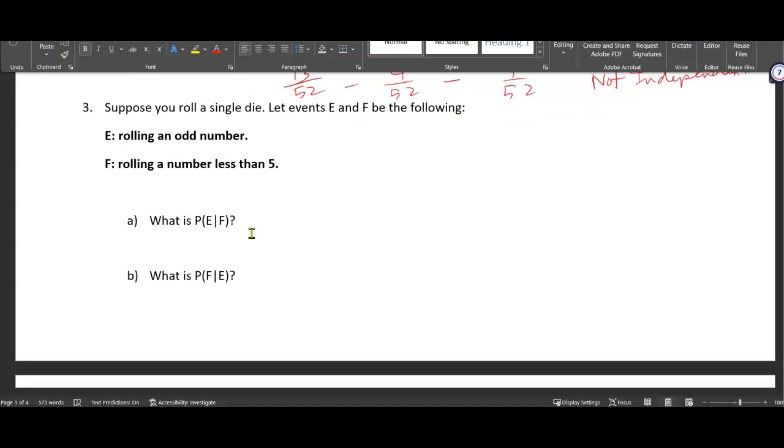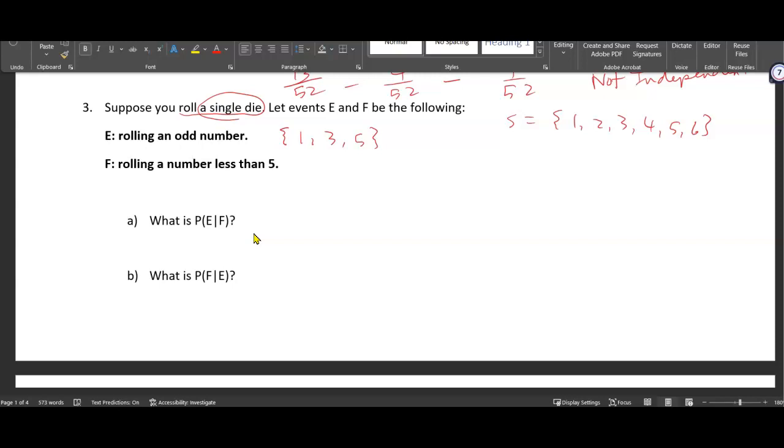Okay, number three. Again, we are rolling only one single die, right? Not 2 separate dice. So if it's not 2 separate dice, it's not 2 independent events. So this is one that is dependent. Let's see, event E is, out of the sample space of 1, 2, 3, 4, 5, 6 for rolling a die, the odd numbers, which are 1, 3, and 5, right?